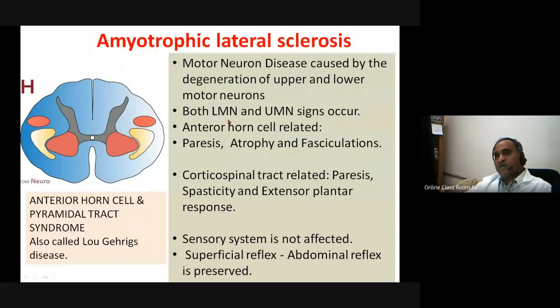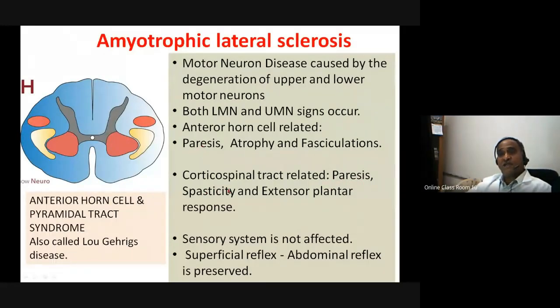So that means both lower motor neuron type and upper motor neuron type signs occur. As far as the anterior horns are concerned, there will be paresis, that's a loss of tone, then flaccid paralysis, atrophy, fasciculations. In case of the corticospinal tract, if that is predominating, there will be spasticity, that is a spastic paralysis.